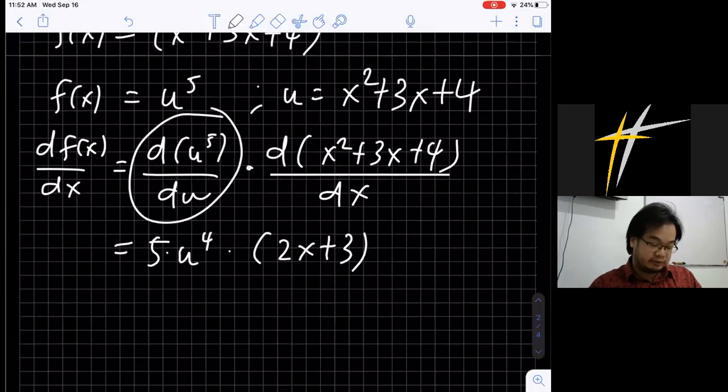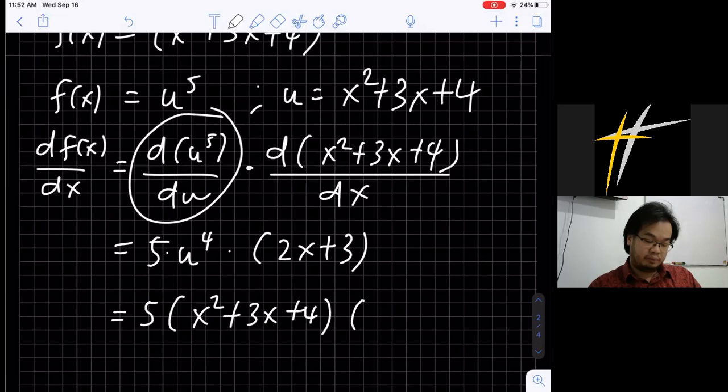So the answer is 5 times (x squared plus 3x plus 4), I'm sorry, this is power 4, times (2x plus 3). That's how you use the chain rule.